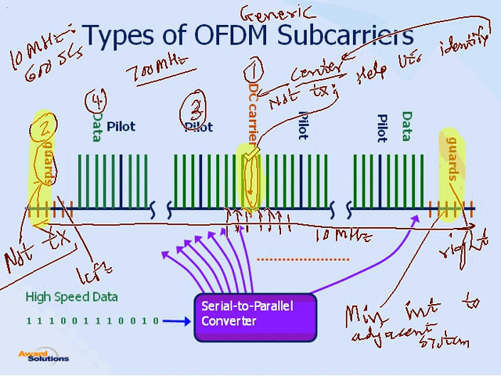So we can do whatever we want to do within the 10 megahertz. However, we cannot start using the spectrum that belongs to some other operator or some other system. Okay. So if you have guard subcarriers, then the last active subcarrier would be, let's say, here and here, let's say.